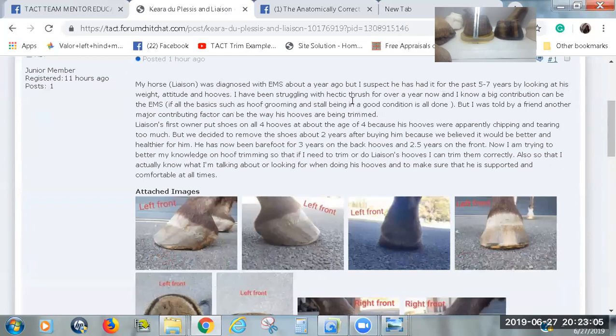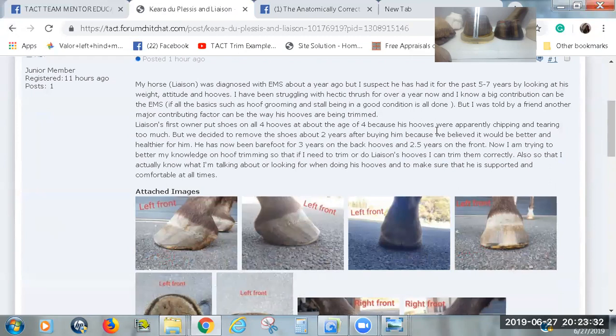I've been struggling with hectic thrush for over a year now, and I know a big contribution can be the EMS, if all the basics such as hoof grooming and stall being in good condition are done. But I was told by a farrier friend another major contributing factor can be the way his hooves are being trimmed, and that is absolutely true.